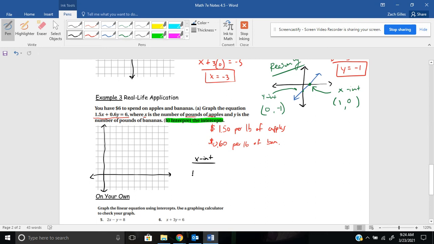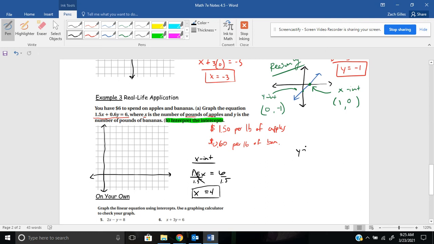So that would give me 1.5x. 0.6 times 0 is just 0, equals 6. And then I just need to divide by 1.5 on both sides. 1.5 goes into 6 4 times. So my x-intercept is going to be 4. That'll be easy enough to graph.